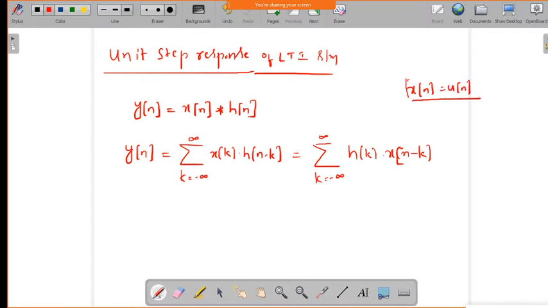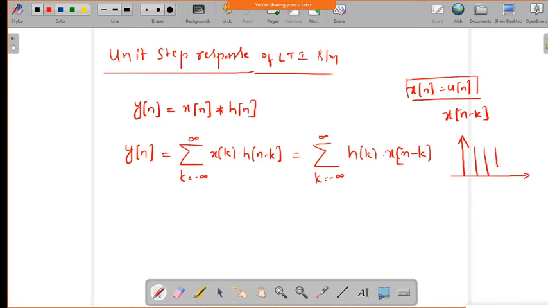Now if I take x of n equal to the unit step function, that is, if I give the input as x of n equal to u of n, what is the response? First we need to find x of k. x of k is nothing but u of k, the unit step function, which varies from 0 to infinity.